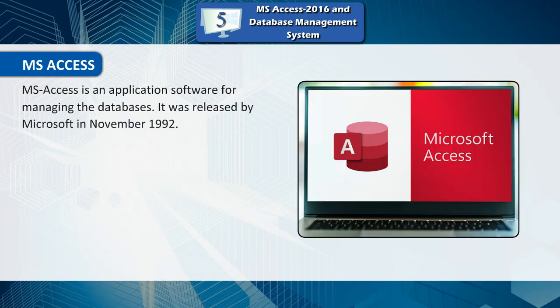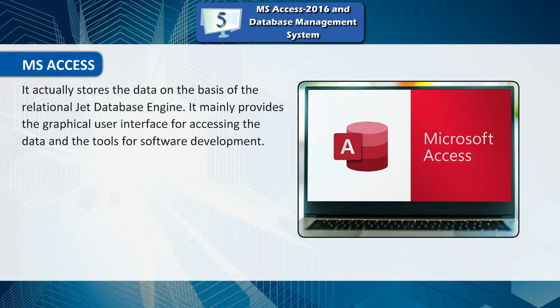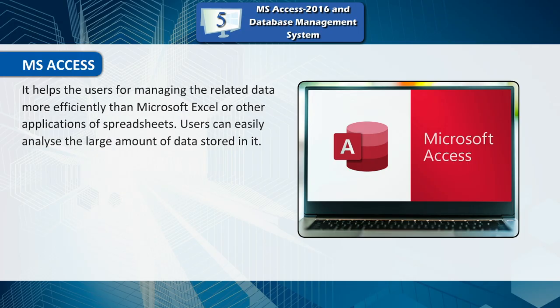MS Access. MS Access is an application software for managing databases. It was released by Microsoft in November 1992. It actually stores the data on the basis of the relational JET database engine. It mainly provides the graphical user interface for accessing the data and the tools for software development.